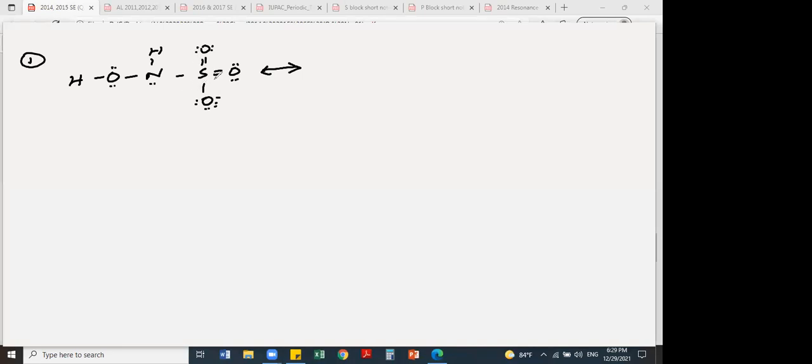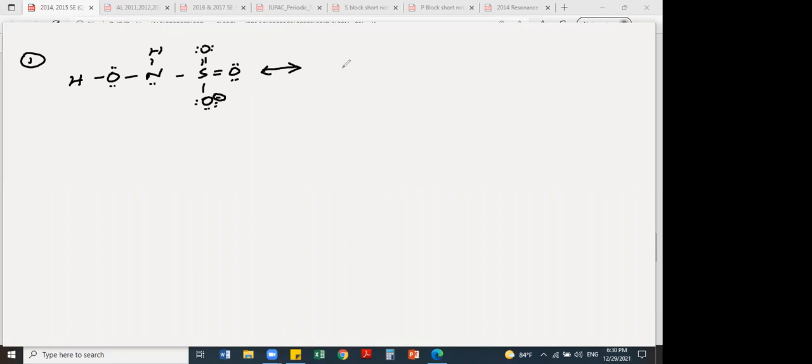So there are 3 oxygens. Now the double bond in this one and this. So here sulfur, here oxygen and here oxygen. I won't draw it completely because I'll just teach you the method. You can rotate this double bond. There's a minus charge in this.